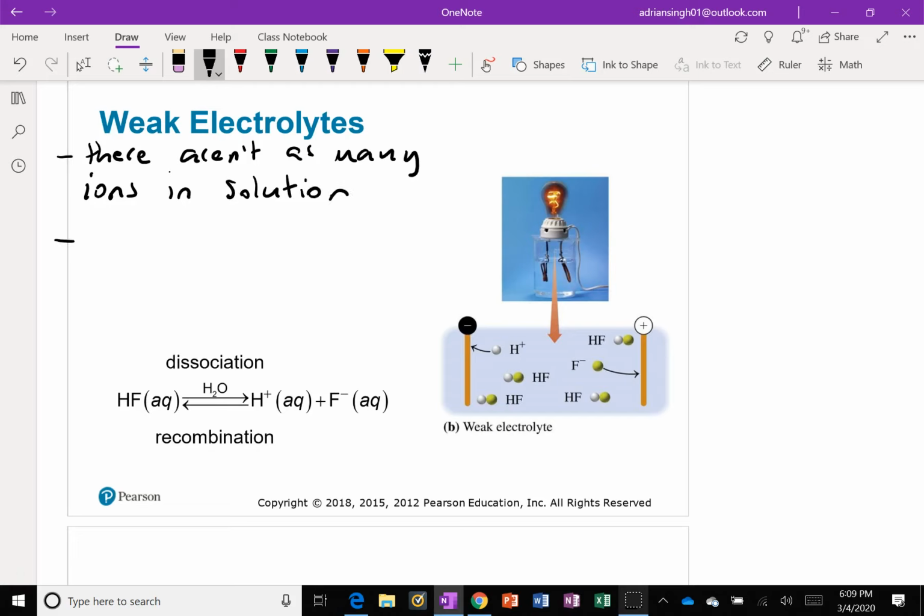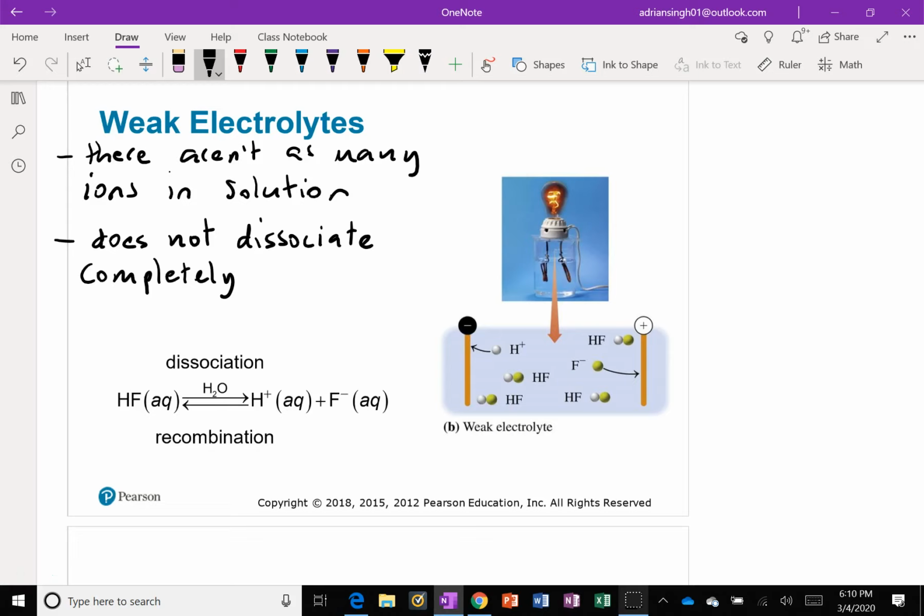And what this suggests is that the electrolyte does not dissociate completely. It dissociates or breaks apart a little bit to give you just a little bit of those ions in solution. And this is where we're going to encounter now a funny looking arrow. I'm going to see this funny looking arrow in the next chapter.